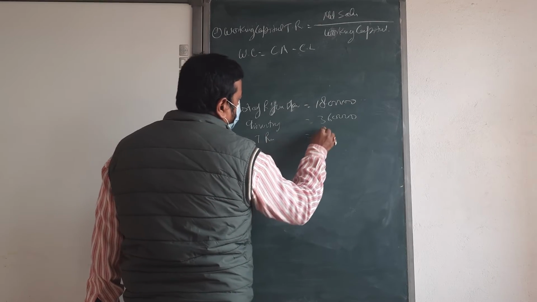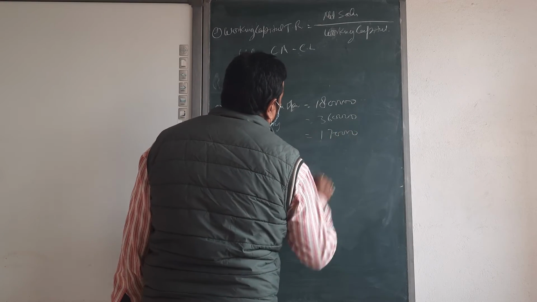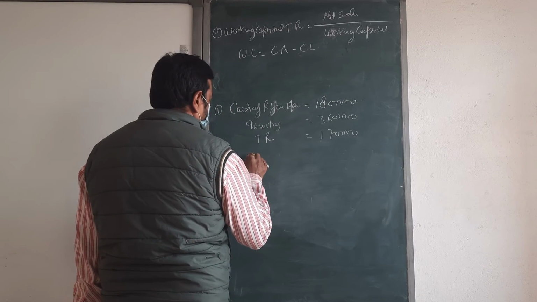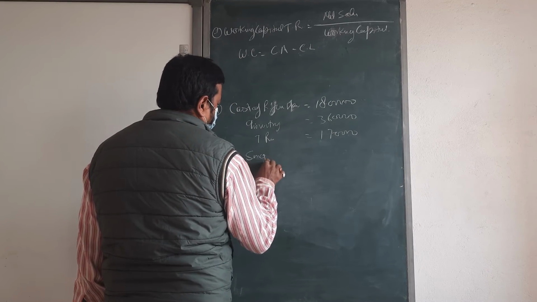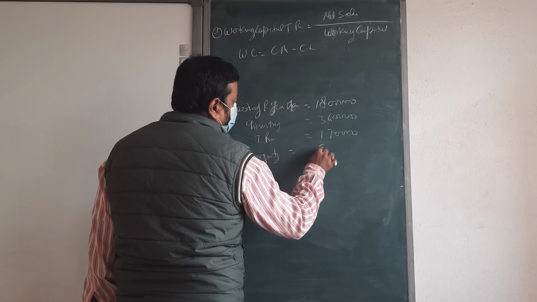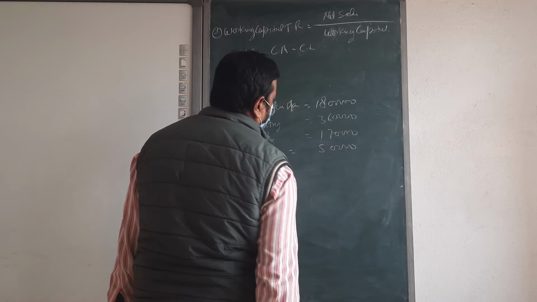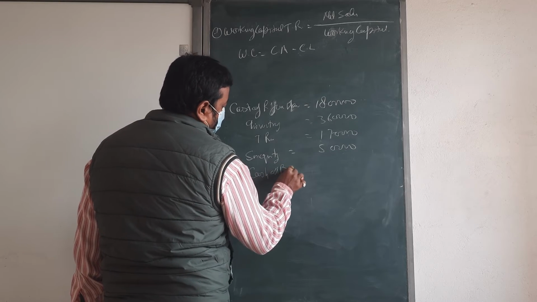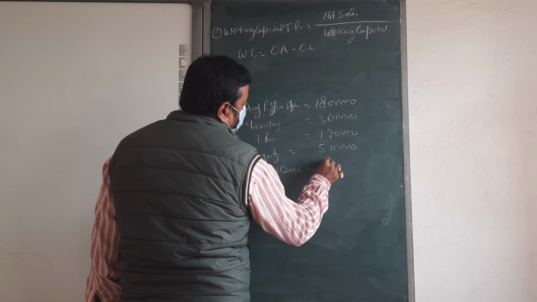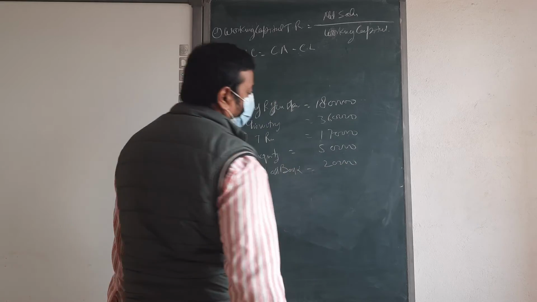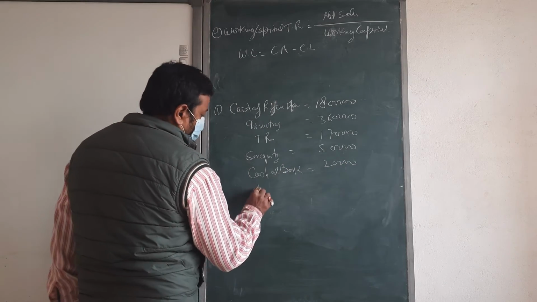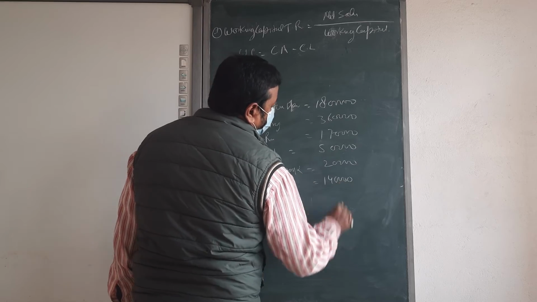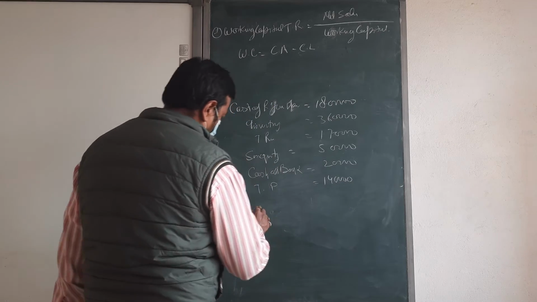Marketable securities 50,000. Cash and bank 20,000. Trade payable 1,40,000. Provision for tax 10,000.